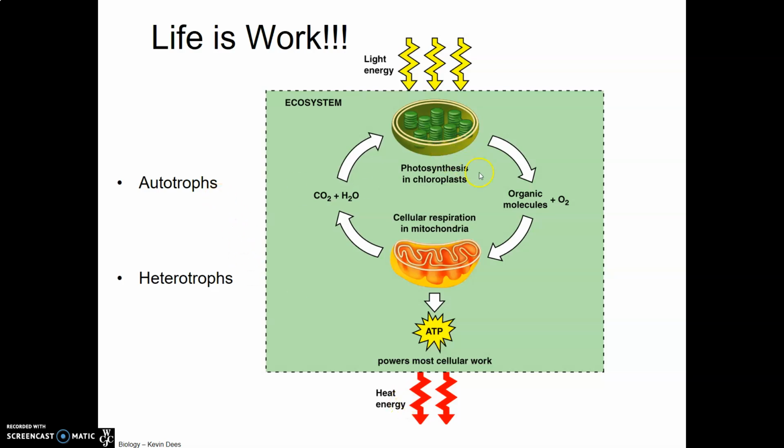Now, the autotrophs require ATPs, so they take these organic molecules and using the mitochondria and oxygen, they will undergo aerobic cellular respiration, whereby these organic molecules are going to be catabolized, and this energy that's liberated is going to be used to create some ATPs that will power this cellular work.